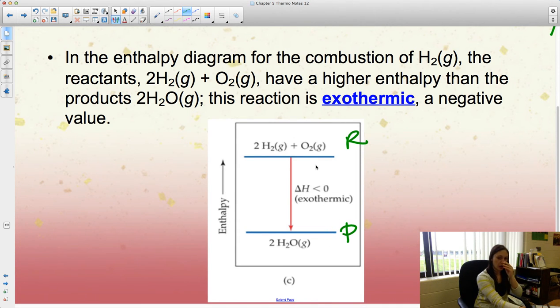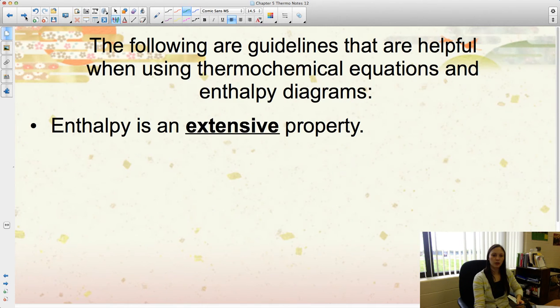If I want to go the other direction and make this my reactant down here and this my product, then that would be endothermic, and I would have to gain heat to do that. So there are some guidelines when we use these thermochemical equations and these energy diagrams. The first one is that enthalpy is an extensive property. Remember what I just said a second ago, it depends on the number of moles.